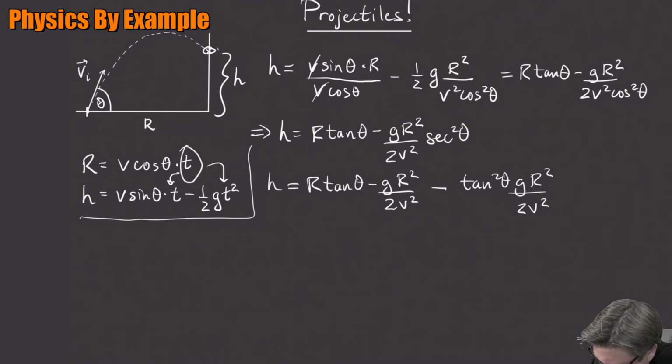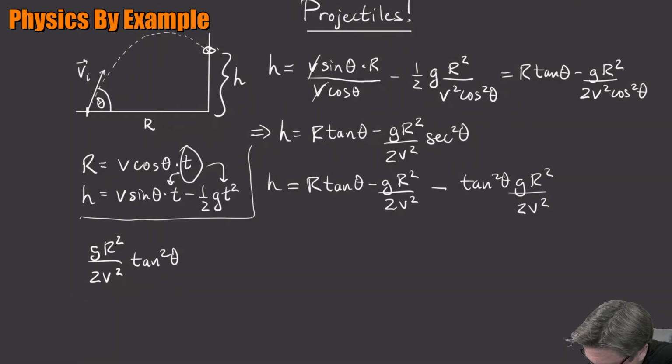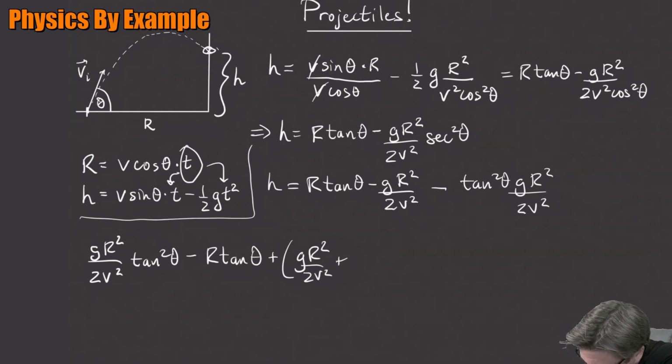So I've got gr squared over 2v squared tangent squared theta minus the term with just tangent theta, which is r tangent theta. And then I'm going to have a plus gr squared over 2v squared plus h, because that's sort of my constant term.